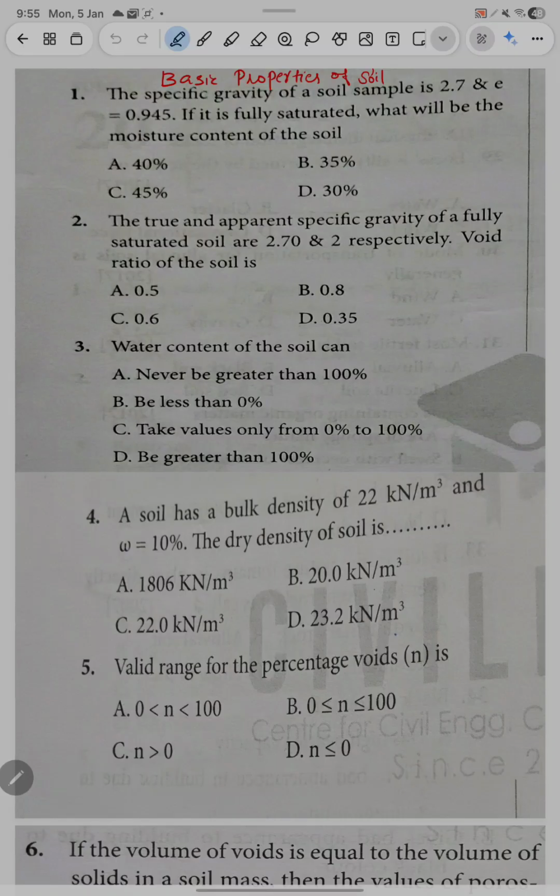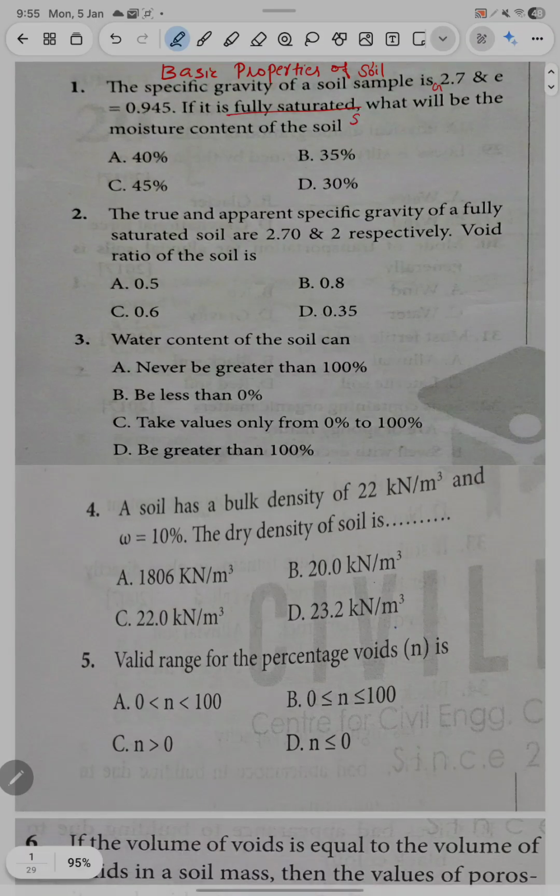Okay, first question. The specific gravity of a soil sample is 2.7. Specific gravity denoted by G is 2.7, and E is 0.945. If it is fully saturated, meaning degree of saturation S is equal to 1, what will be the moisture content of soil?